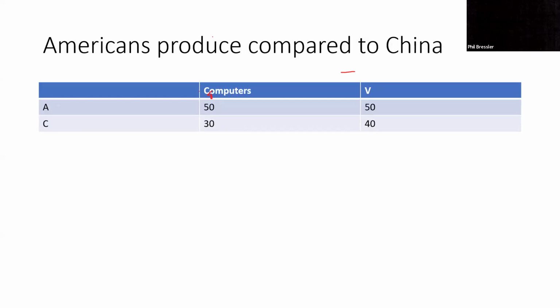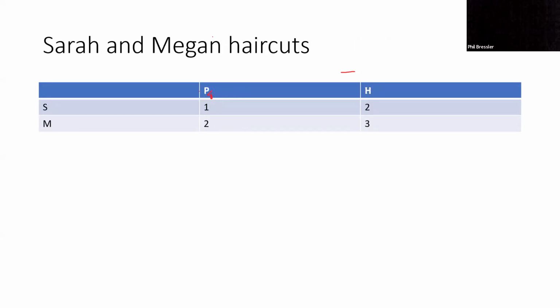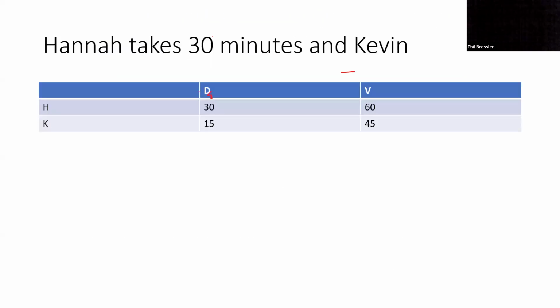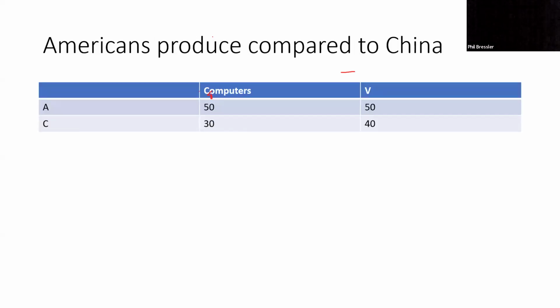All right. Americans produce, all right. So this is how many computers and TVs the United States and China make. So, input or output question? First thing we got to ask when we see these, input or output. Okay, you guys are right. It's output.